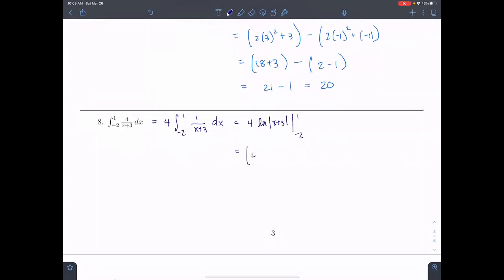So 4 times the ln of 1 plus 3 minus 4 times the ln of -2 plus 3.